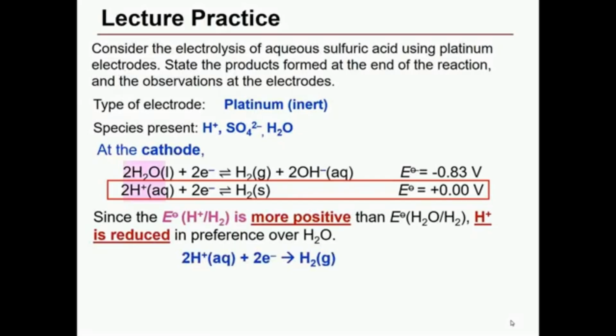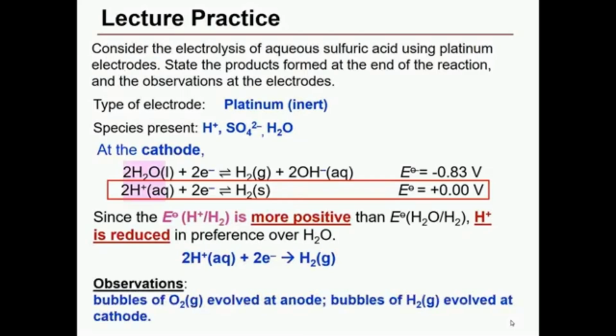Hence, in this case, H+ ion will be reduced to hydrogen gas. So at the cathode, hydrogen gas will be liberated. That's the product formed at the cathode. The overall observation would therefore be bubbles of oxygen gas liberated at the anode and bubbles of hydrogen gas liberated at the cathode. Did you get that right?